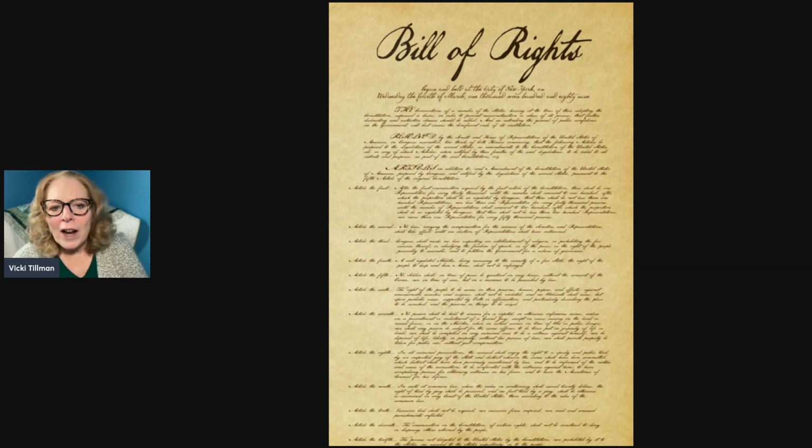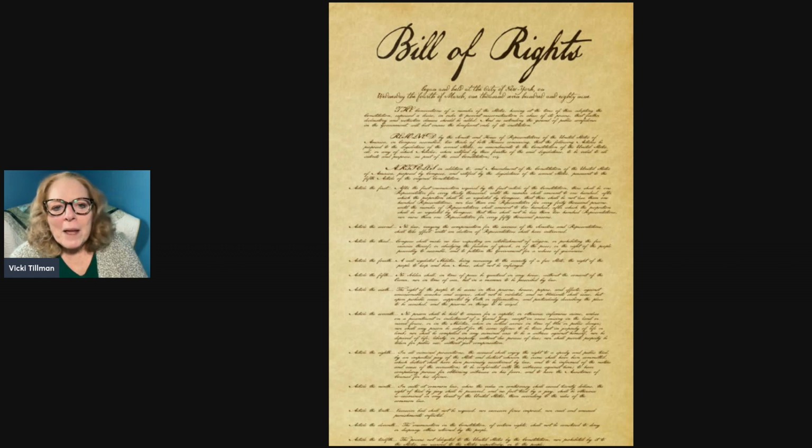All right, quartering of soldiers is Amendment 3. No soldier shall be quartered in the home of a citizen without consent of the owner in peace, or in war unless prescribed by law. Again, we'll talk about it later. We don't run into that much. Ever heard of anybody running into that? No, because it's in the Constitution.